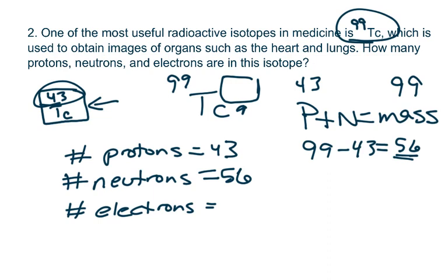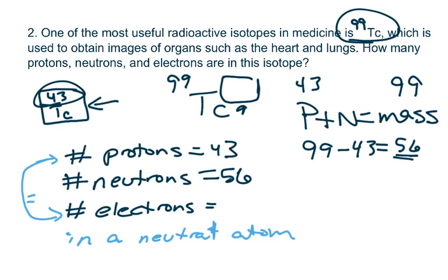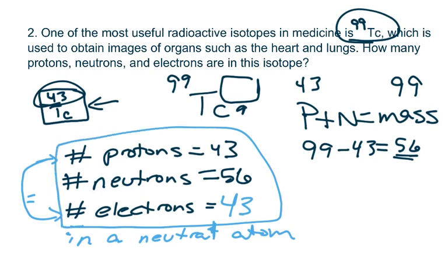If there is no charge, if it's neutral, then what that means is the number of protons equals the number of electrons in a neutral atom. Neutral, oh my gosh, I was writing atom. Okay, so that means in this case, number of electrons is 43. That's it, that's number 2.